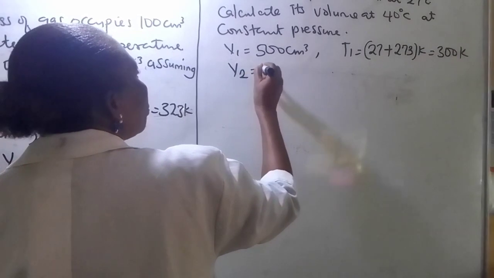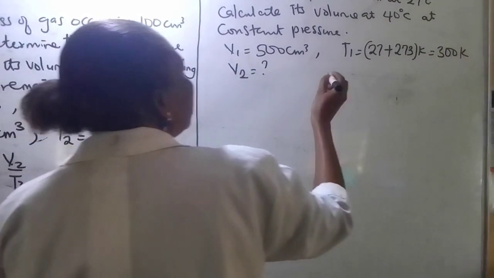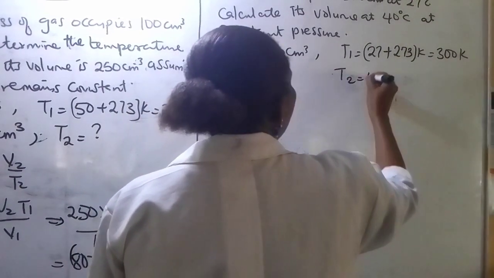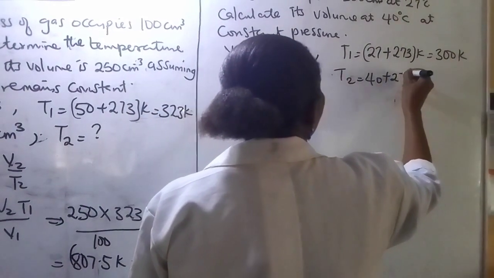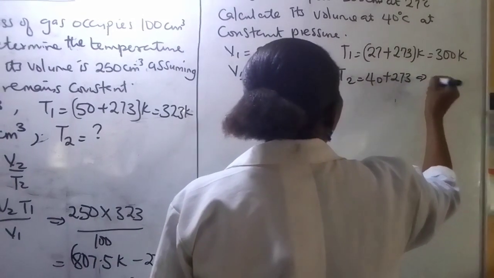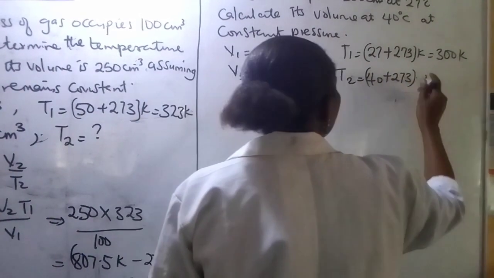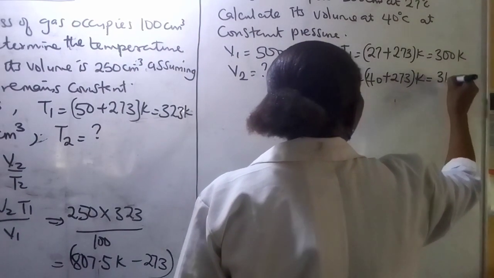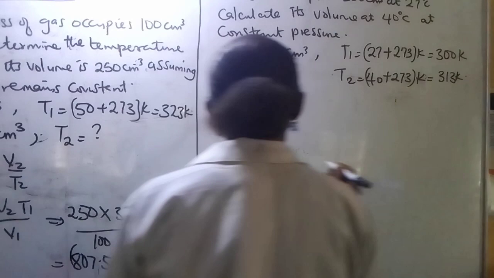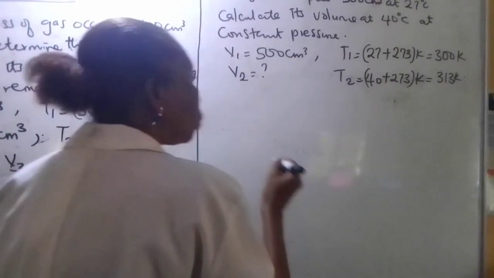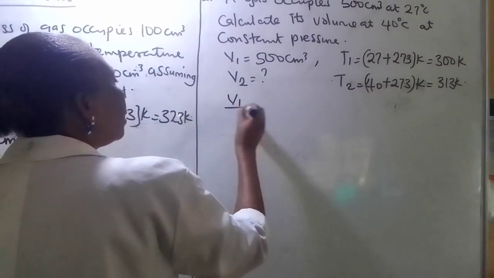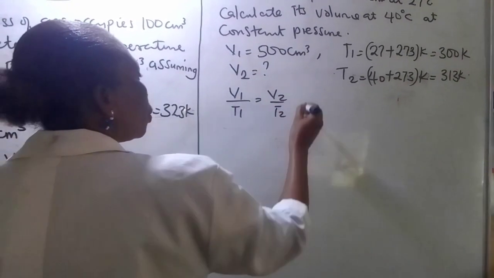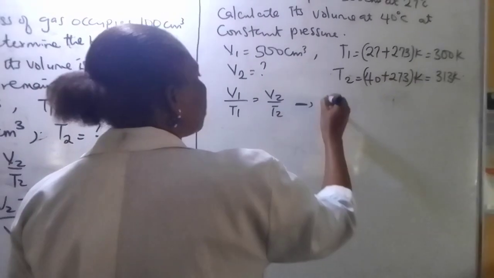We don't know V2. We're asked to get V2, and our T2 is 40 plus 273, all in Kelvin, and that gives us 313 Kelvin. So we apply the formula V1 over T1 equals V2 over T2. Here we make V2 the subject of the formula.